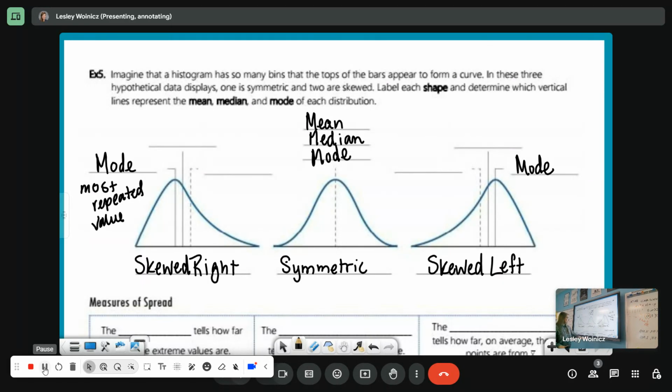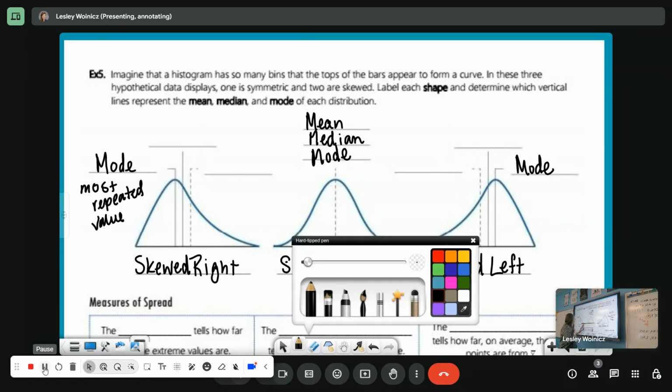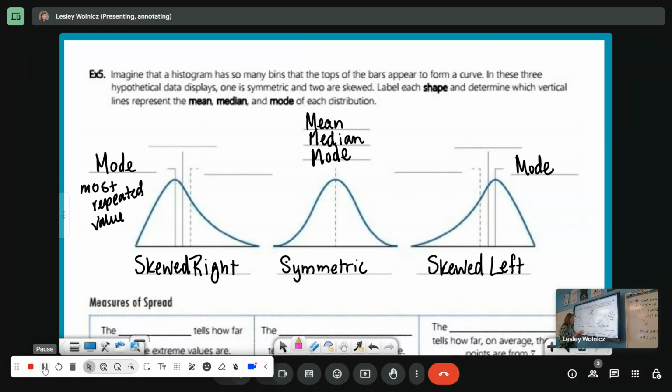Now, we saw in our notes that it is the mean that is the most affected by the tail or outliers. So if my data lump is here and my tail is pulling this way, the one that is most affected by that is the one that is farthest to the right, and that's this guy.